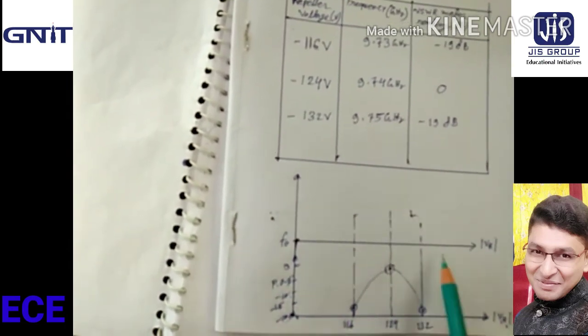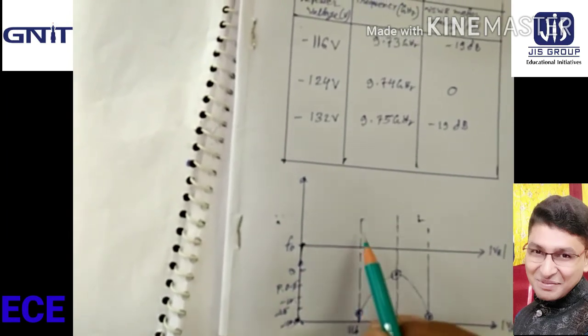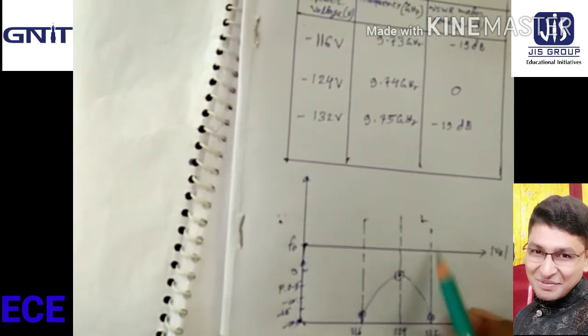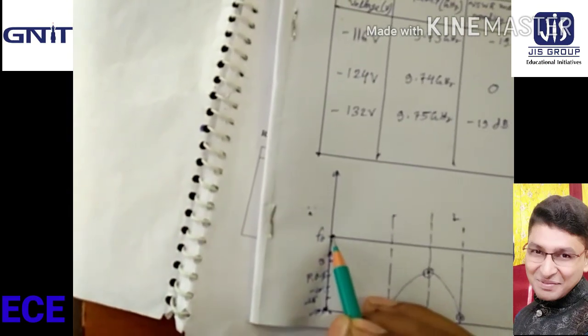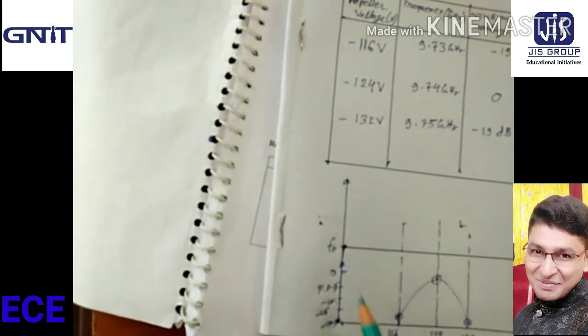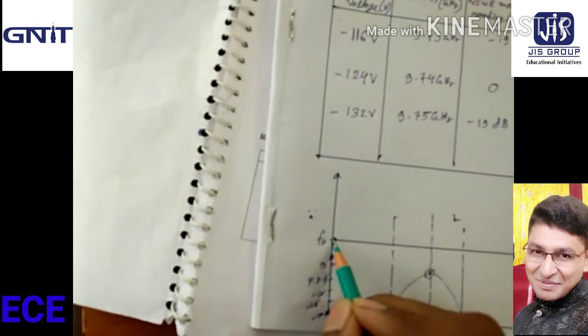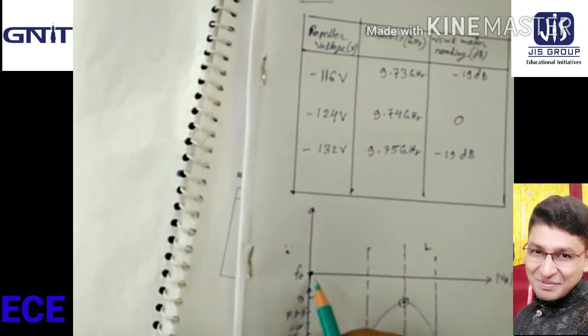Now draw the curve of repeller voltage versus frequency. The y-axis is frequency. The mid frequency is 9.74 gigahertz.